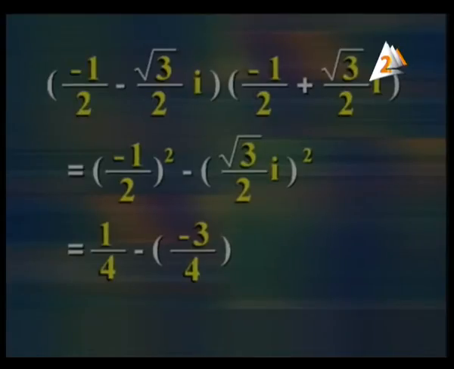Omega is negative 1 over 2 minus root 3 over 2 i, multiplied by omega square, negative 1 over 2 plus root 3 over 2 i. Dear student, these are conjugate numbers: first, second, then negative 1 over 2 power 2, minus negative root 3 over 2 i all to the power 2, equals 1 over 4 minus negative 3 over 4, equals 1 over 4 plus 3 over 4. What does it equal? Equals 1.